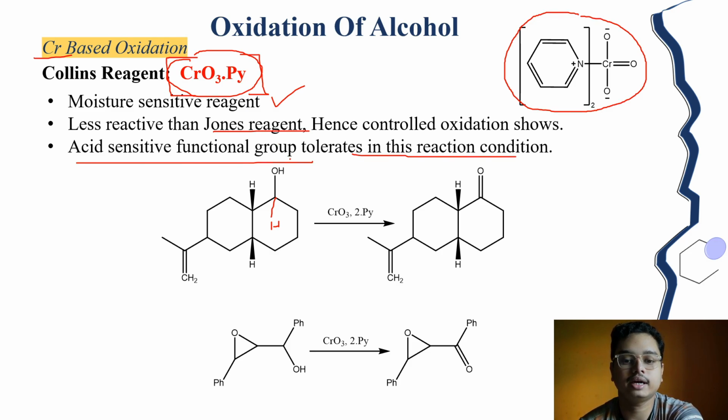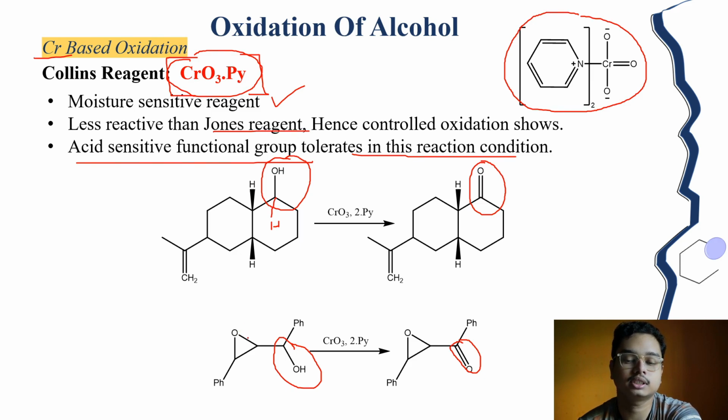Here you can find that this is a secondary alcohol, so it will be oxidized to the corresponding ketone compound, and also this type of epoxide-containing alcohol gets oxidized to the carbonyl compound without breaking the epoxide ring. But in the case of Jones oxidation, what happens?